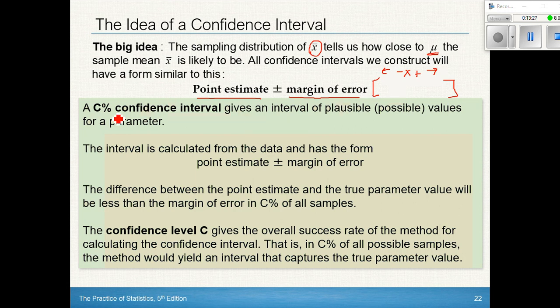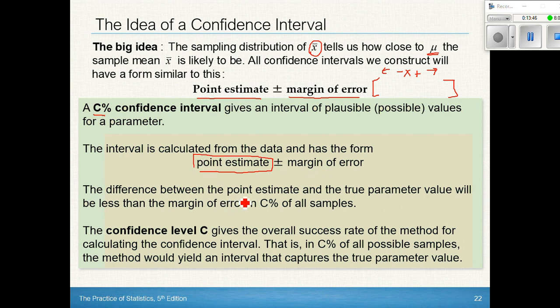So a C% confidence interval, and you're going to see 90, 95, 99% confidence intervals, gives an interval of possible values for a parameter. The interval will always look like this: your point estimate, or your sample, plus or minus your margin of error.